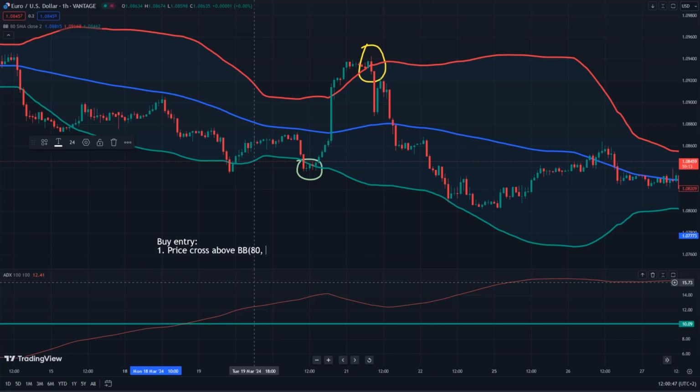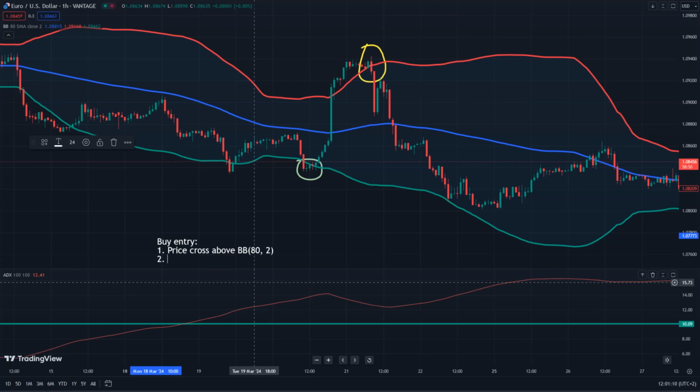when it is crossing below the lower band. But in my opinion, and based on all my testings, it is much more efficient if you are using the opposite.